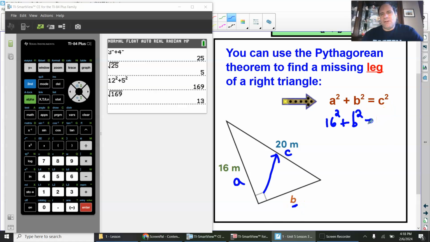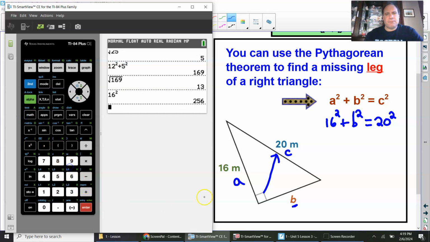And then C squared is 20 squared. So this is a little bit different. Now I'm going to press 16 squared just to see what that's equal to, and that is equal to 256.